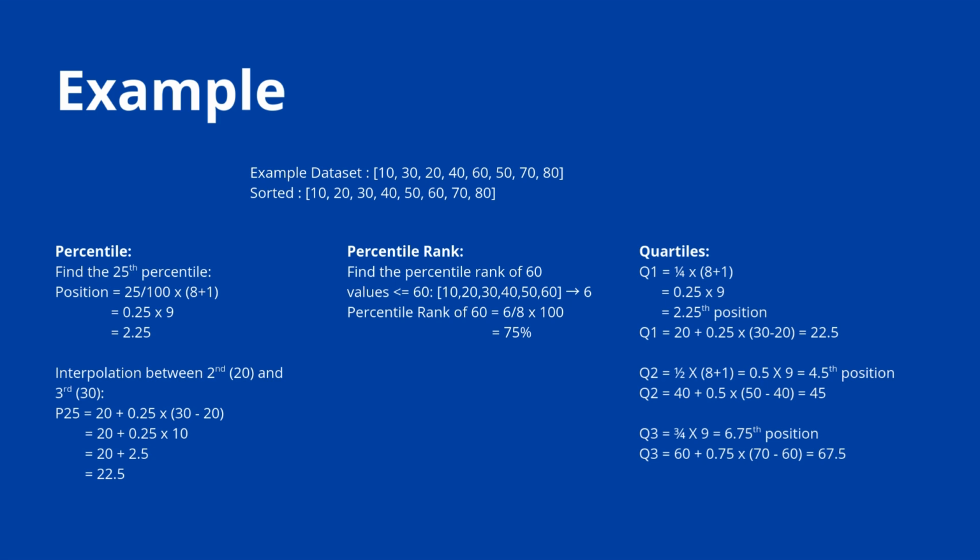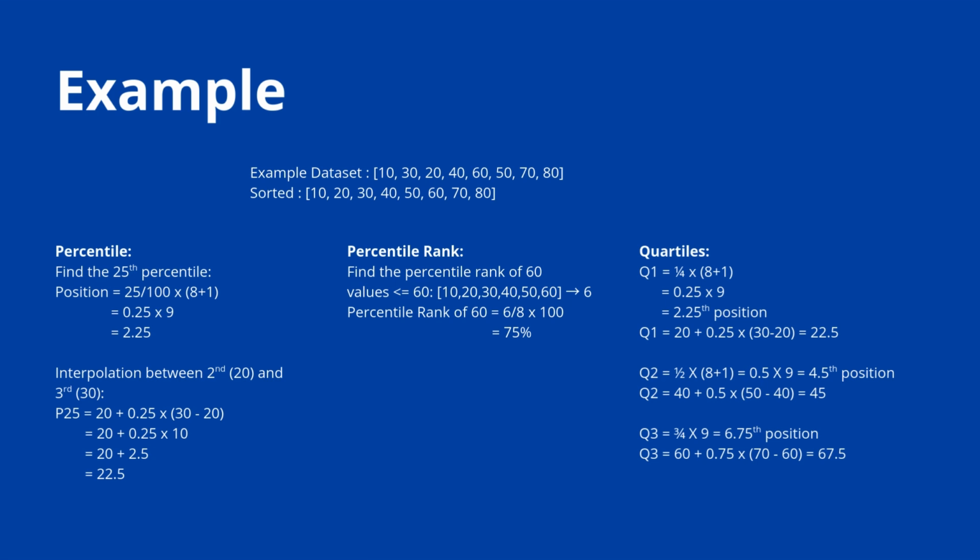Now we got a decimal value, so we can calculate an interpolation between the second and third points. The second point is 20 and the third point is 30. As per the interpolation formula, lower value plus d times (upper value minus lower value).